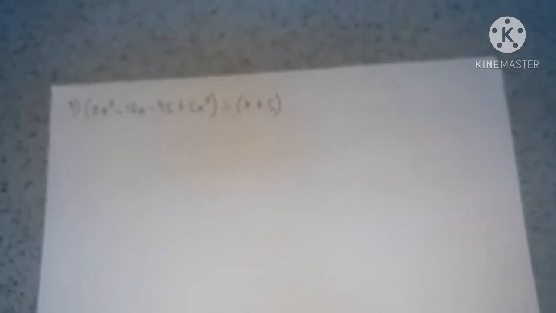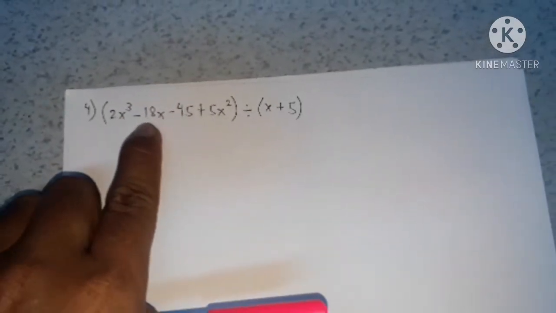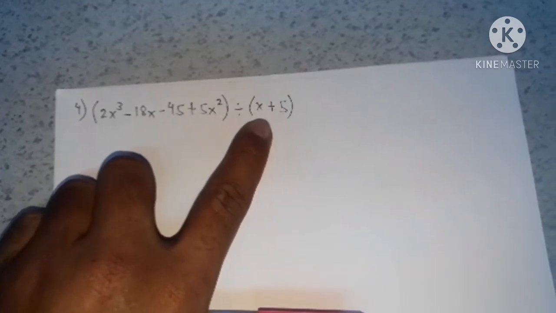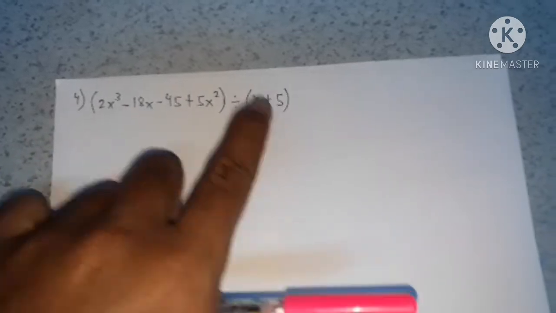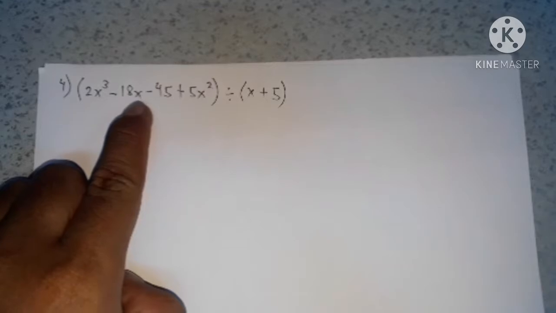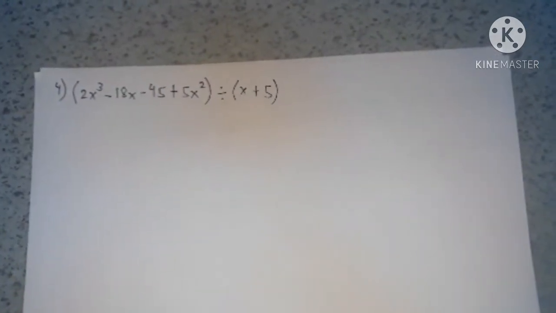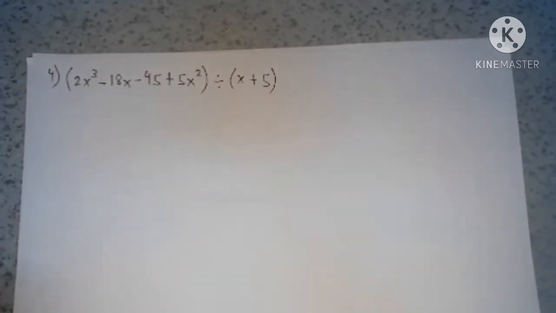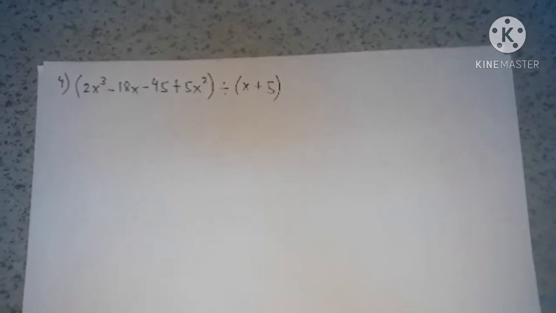Okay, for number 4, so we have 2x cubed minus 18x minus 45 plus 5x squared divided by x plus 5. So, this is the dividend, this is the divisor. Okay, so step 1, arrange the terms of the dividend in the divisor in the decreasing powers of the variable. Ang gagawin natin ay i-arrange natin mula dun sa term na may pinakamataas na exponent papunta dun sa term na may pinakamababang.